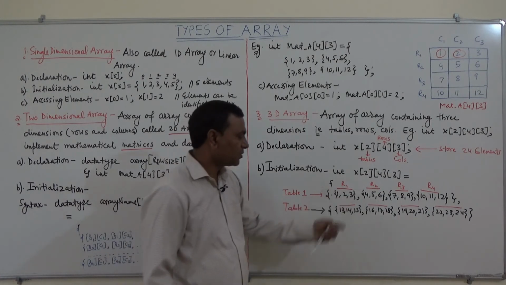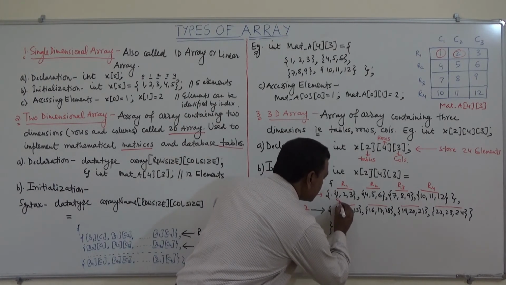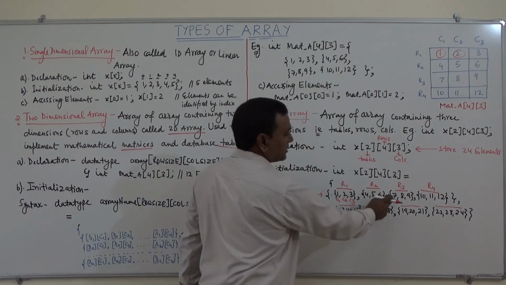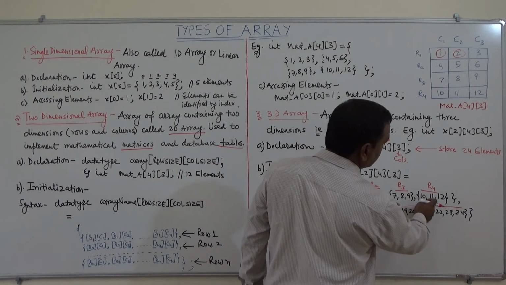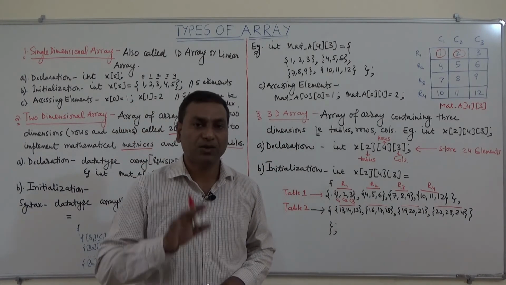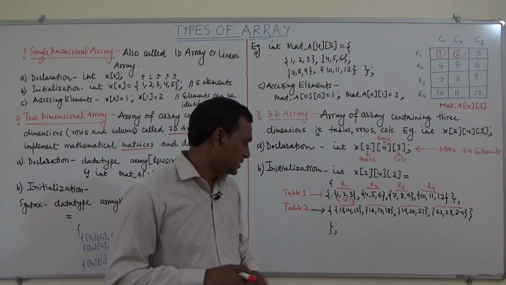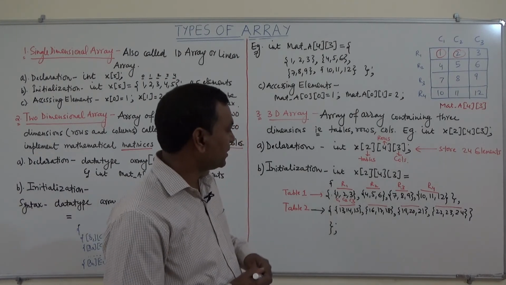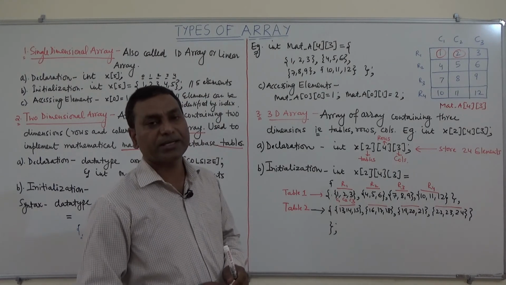And these are the columns: C1, C2, C3, repeated for each row. So in each table there will be 12 elements and a total of 24 elements in this 3-dimensional array. Now we will see how we can access these elements.